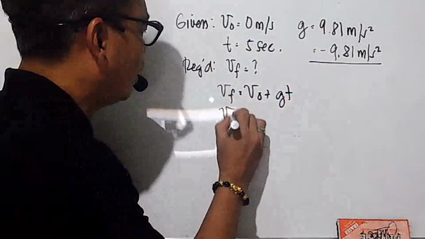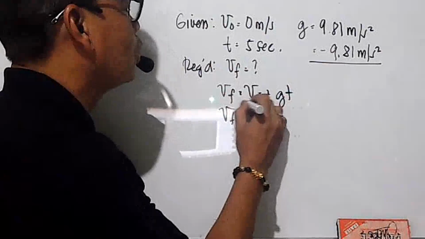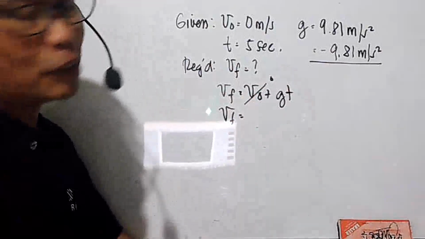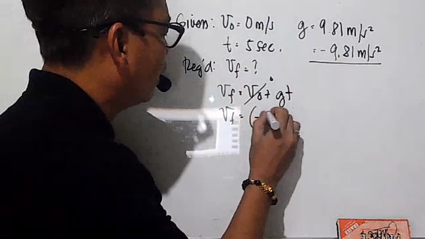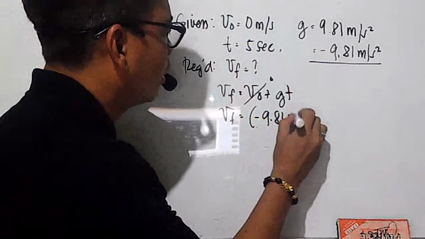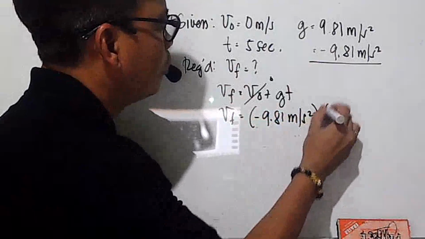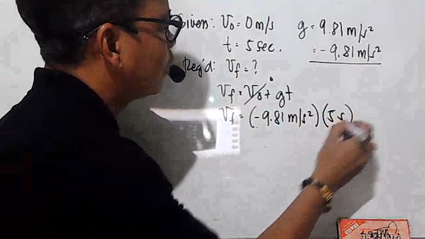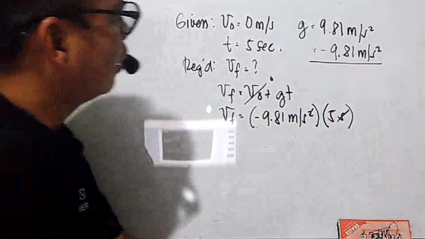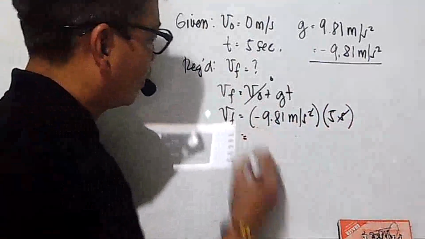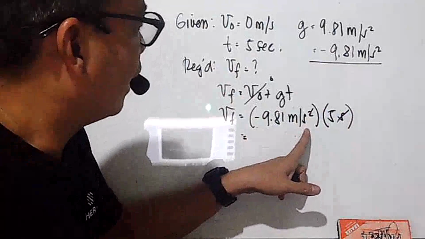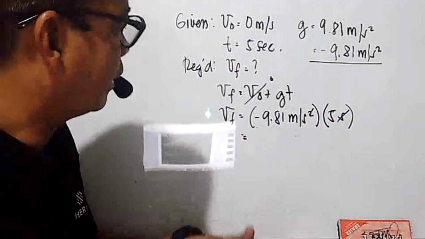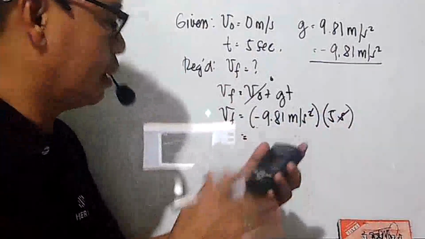Therefore, your final velocity is equal to your initial velocity, which is 0, so that is omitted, plus g, now negative 9.81 meters per second squared, multiplied by the time of 5 seconds. Seconds will cancel, so you will have a unit of meters per second. I'll try to solve this.